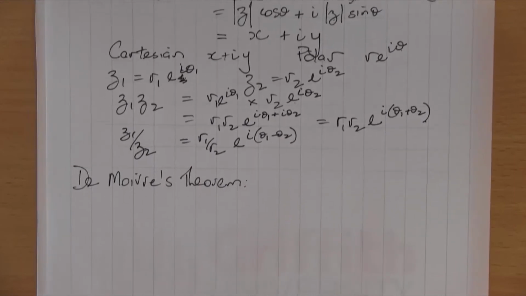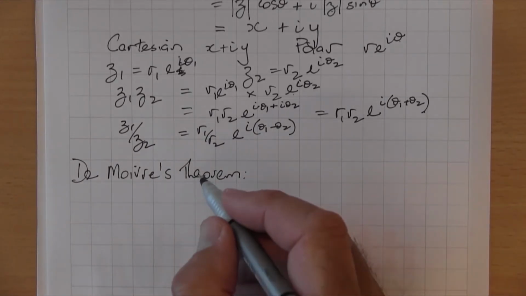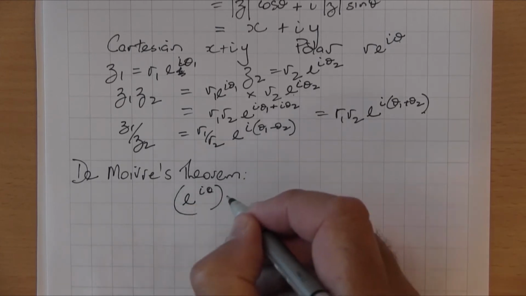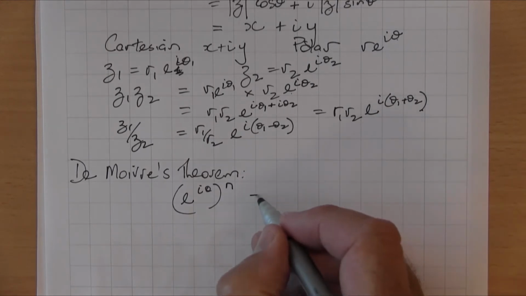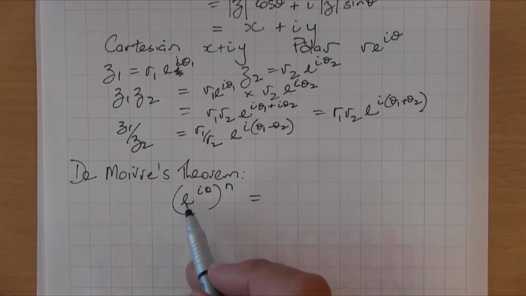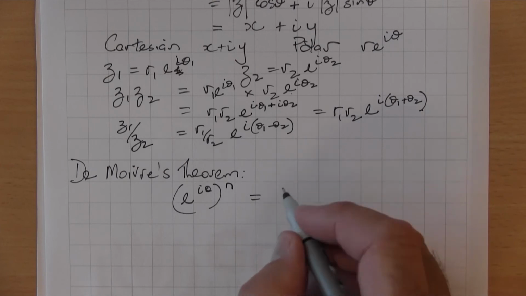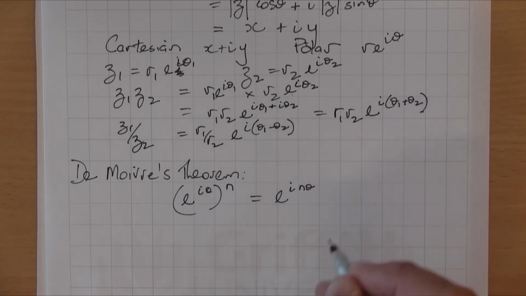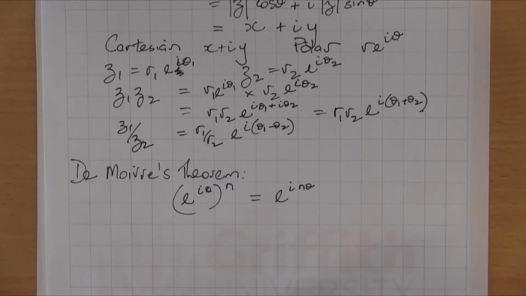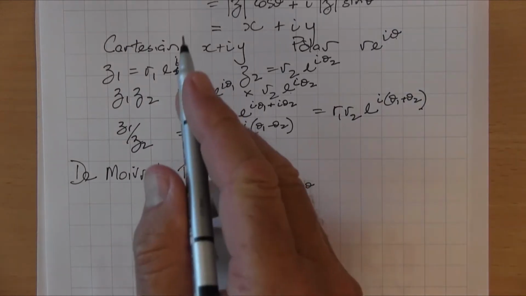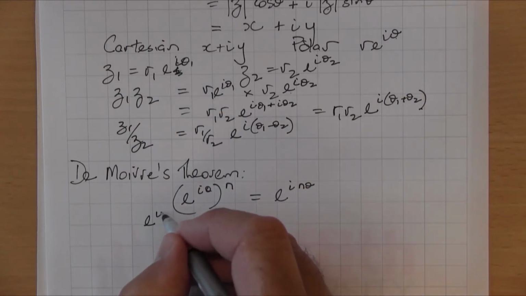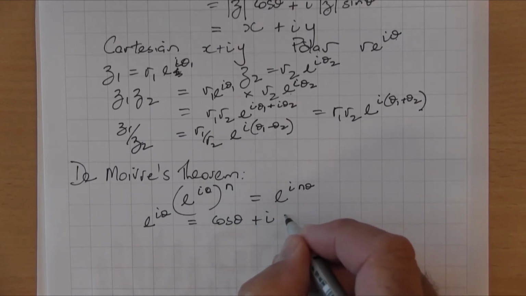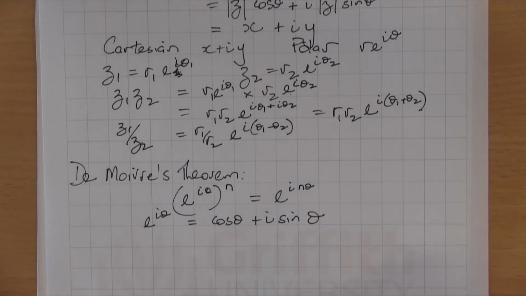De Moivre's Theorem. If we've got e to the i theta all raised to the power of n, by your index laws, when you raise a power to another power, you multiply the indexes, so that's e to the i n theta. And also we know from Euler's formula above that e to the i theta equals cos theta plus i sine theta.